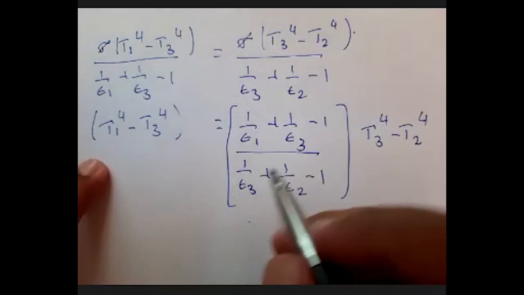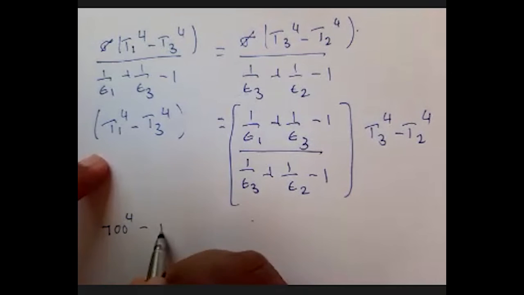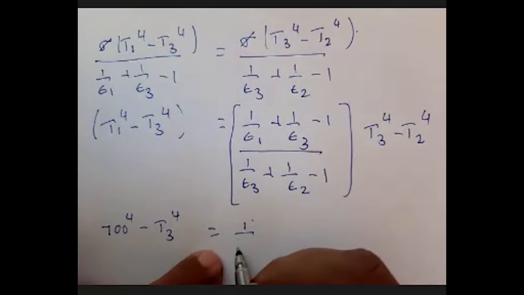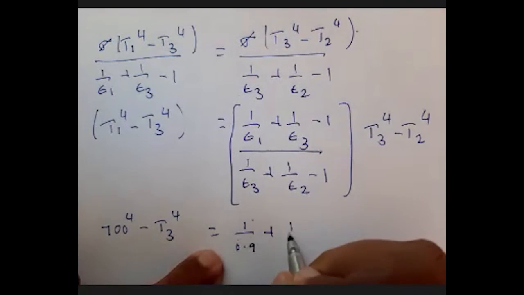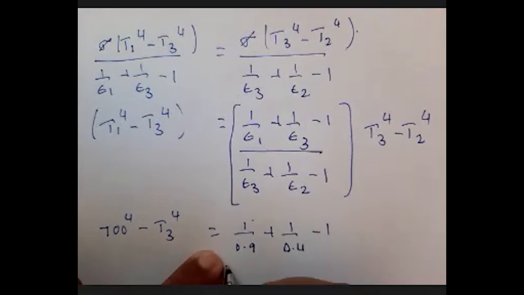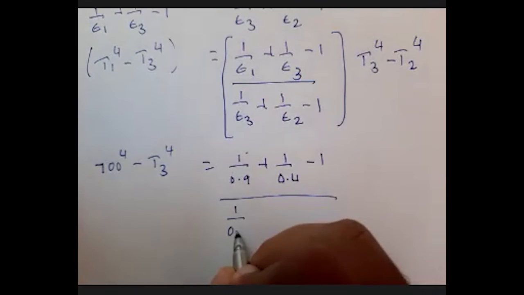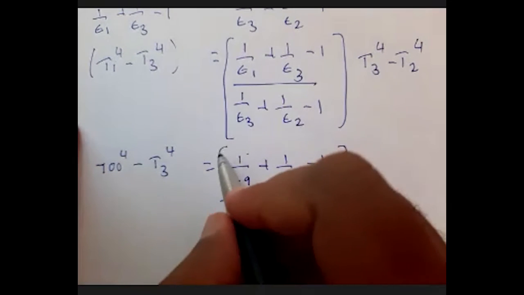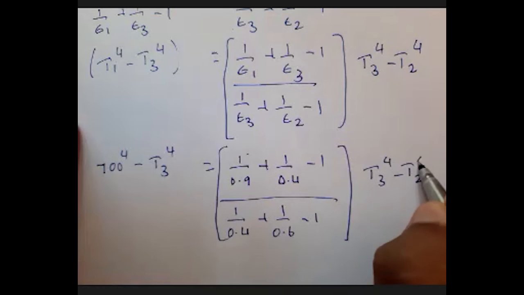I know the values of all these. I'll just substitute. This is 700 raised to 4 minus T3 raised to 4. This is equal to 1 upon 0.9 plus 1 upon 0.4 minus 1, divided by 1 upon 0.4 plus 1 upon 0.6 minus 1, into T3 raised to 4 minus T2 raised to 4.